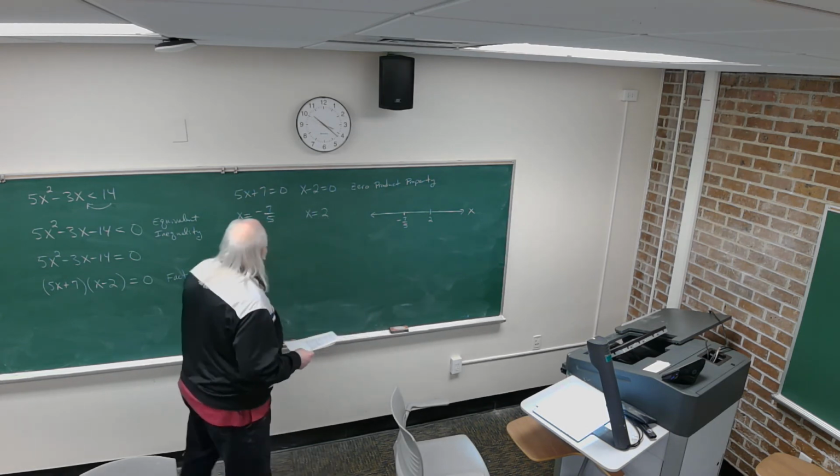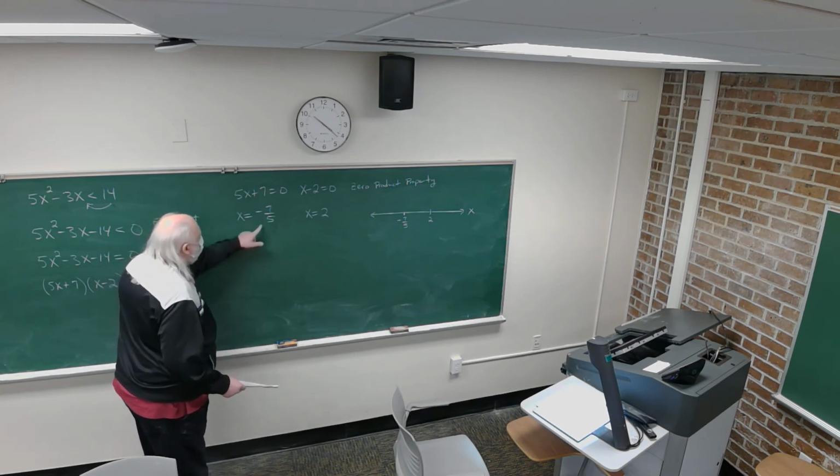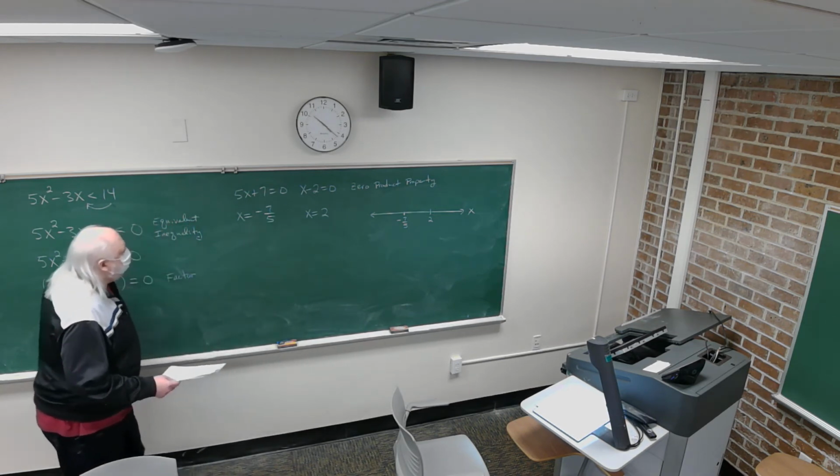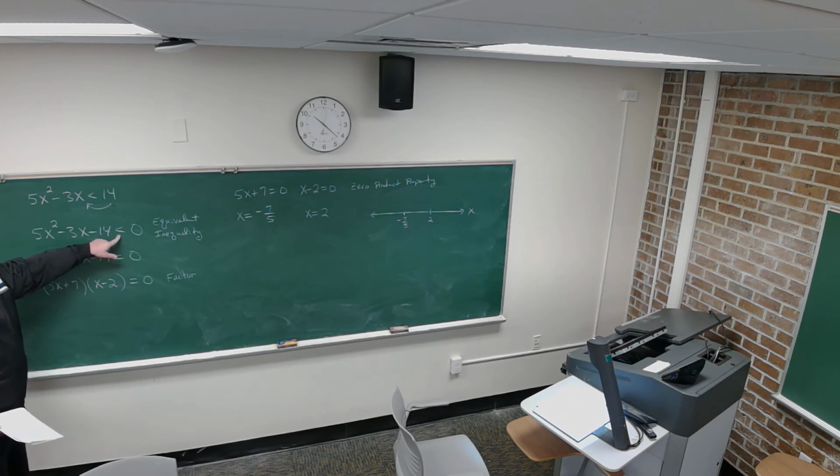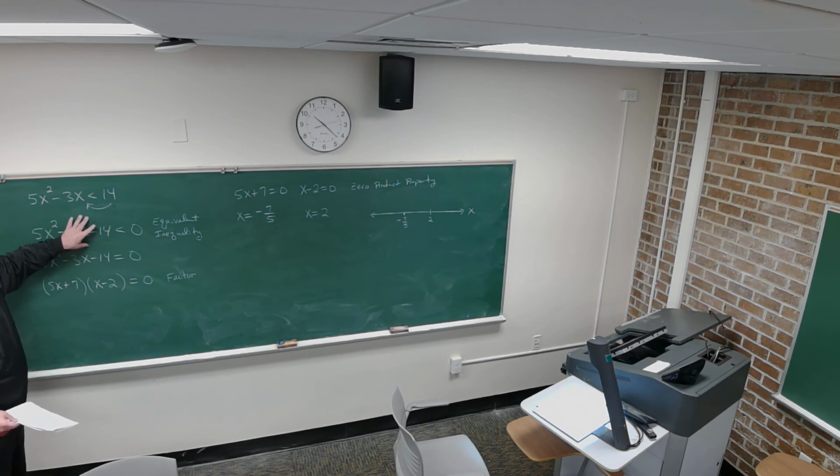All right, now minus 7/5 and plus 2 make the left-hand side here equal to 0. Well, our inequality is strictly less than 0. So minus 7/5 and plus 2 are not in our solution set, because if we put in minus 7/5 for x, the left-hand side is equal to 0, not less than 0.